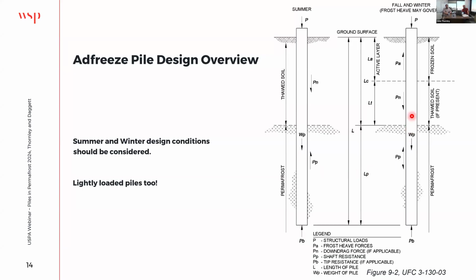In the fall and winter, you can actually have frozen soil near the surface. You might have a talik, or a thawed zone, below that active layer and the top of your permafrost. So this part would represent a talik if that's present.